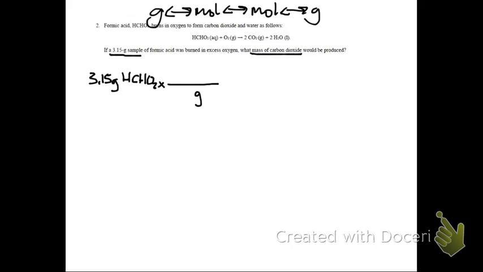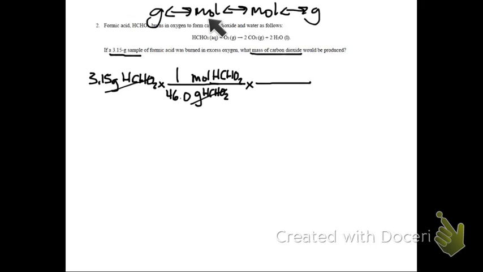The unit on the bottom is going to be grams of formic acid. And the unit on top, we're going from grams to moles, still dealing with formic acid, would be moles of HCHO2. So the mass of formic acid would be 46.0 grams for every 1 mole. Cancel, cancel.